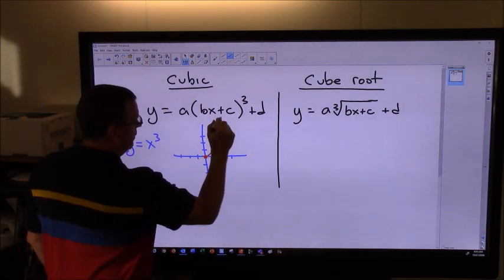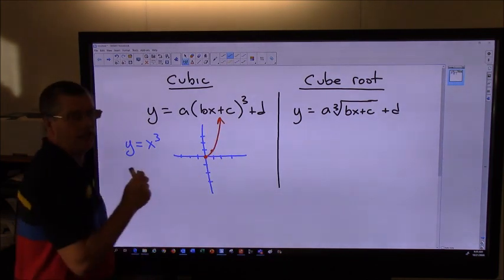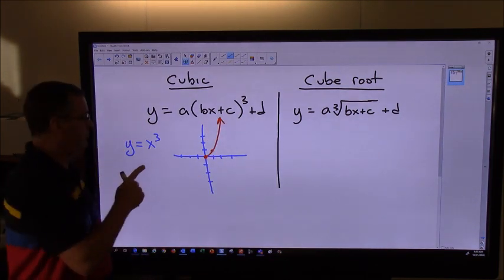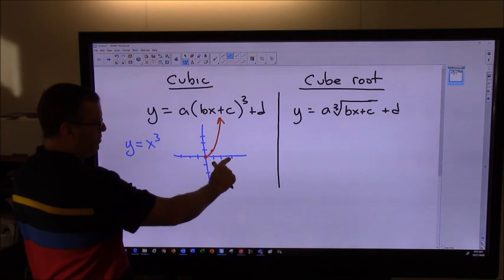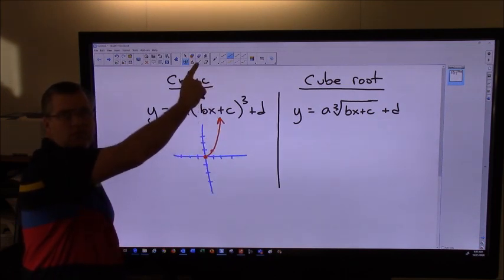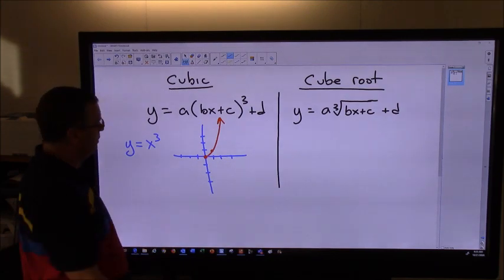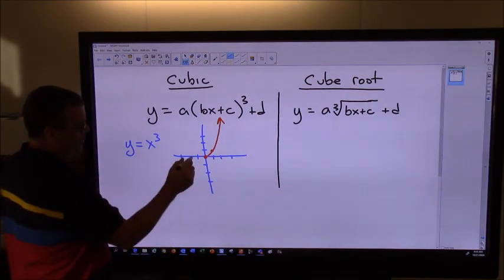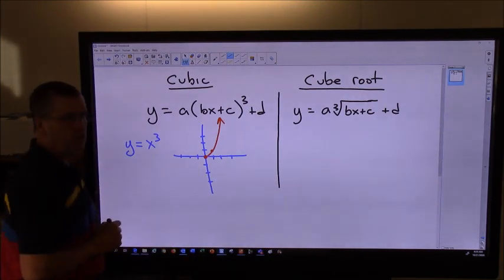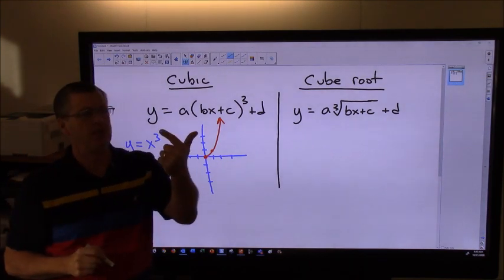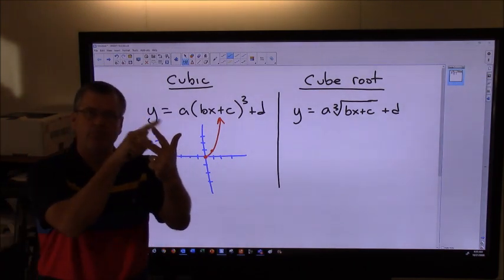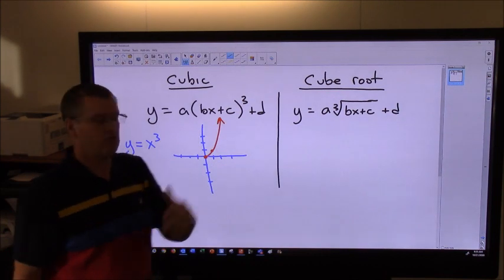So this graph is going like this. And it's going up fast, okay? It's going up really fast. If I go over to 3, 3 cubed is 27. So we're way up there, right? If I go in the negative direction, a negative 1 cubed, so a negative times a negative times a negative, that's an odd number of negative signs. That means my answer is negative.